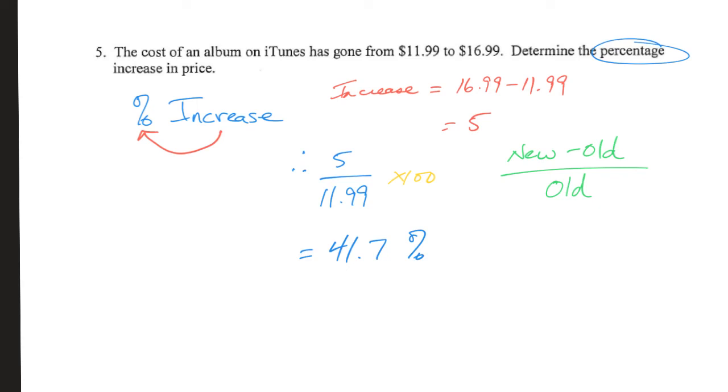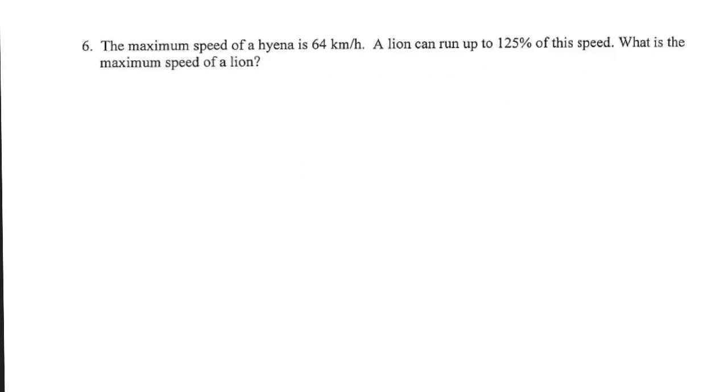Okay, hopefully not too bad. So you guys go as fast as you can. The maximum speed of a hyena is 64 kilometers per hour. A lion can run up to 125% of this speed. What is the maximum speed of a lion? Go as fast as you can go.